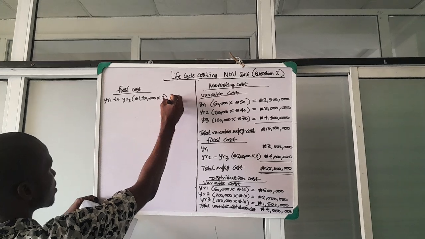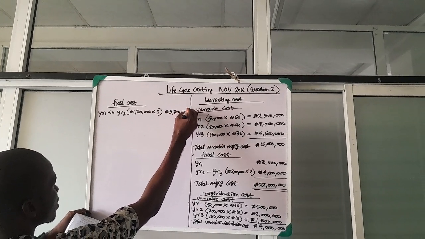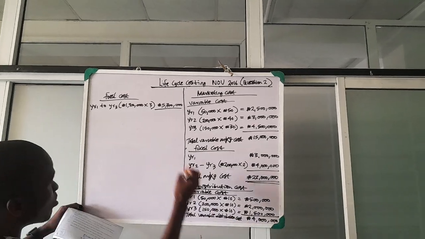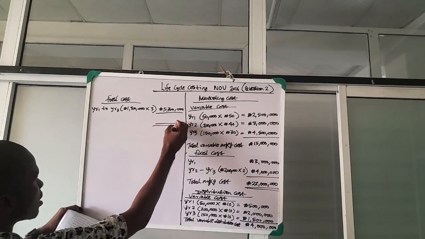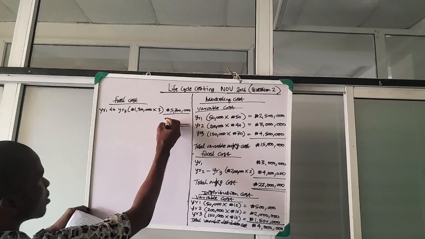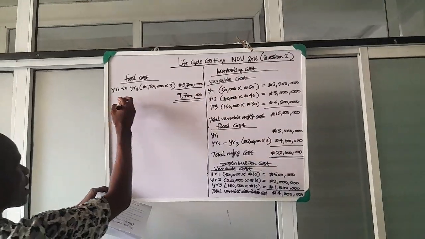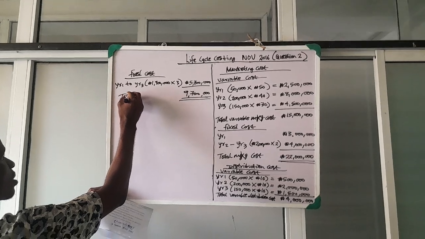That will give us 5,700,000. If I add it to the 4 million I have initially, that will give me 9,700,000. So that will be total distribution costs.